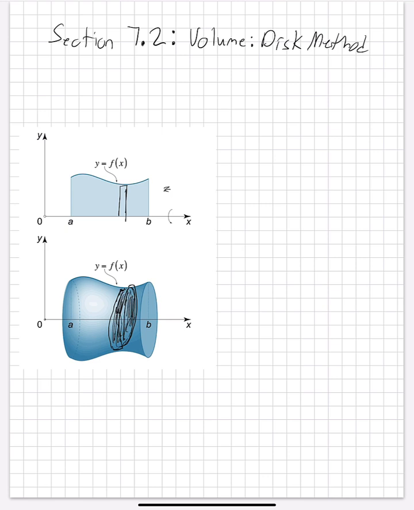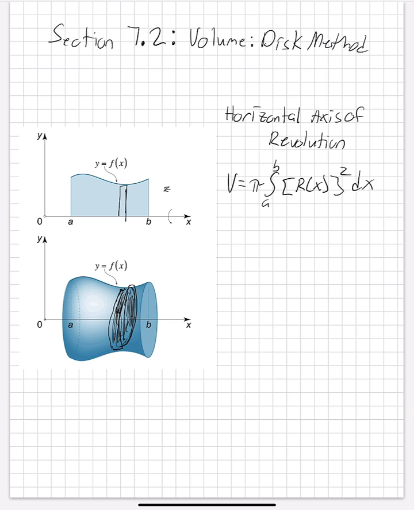All right, so using the disk method, when we are given the horizontal axis of revolution, which just means that we're going around the x-axis, then we use this formula: the volume is equal to pi times the integral with limits of integration a to b of capital R of x squared dx.